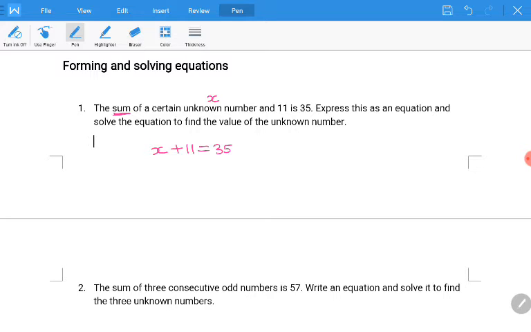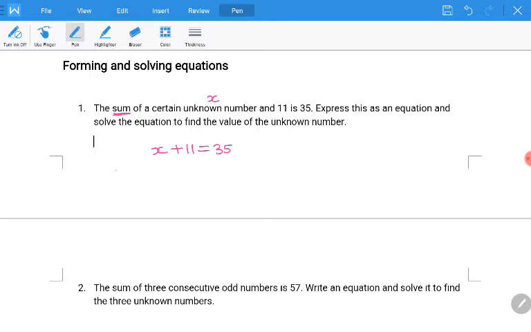So there are two ways in which one might solve for the unknown value x. In solving for x, which is unknown, we need to perform a number of operations to ensure that x is segregated. So here, to segregate x, we can subtract 11 from both sides of the equation.